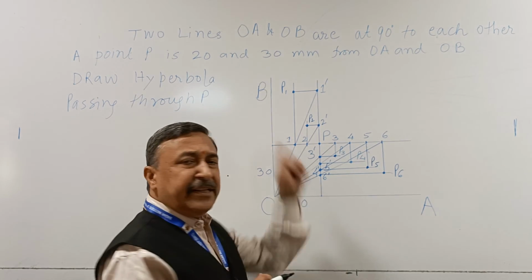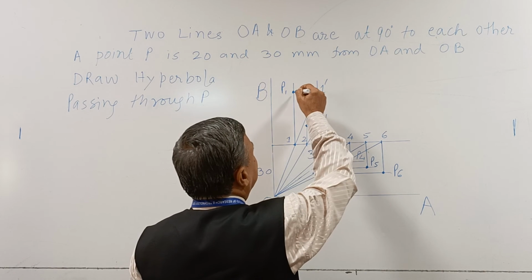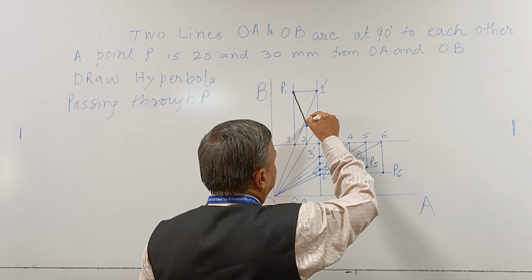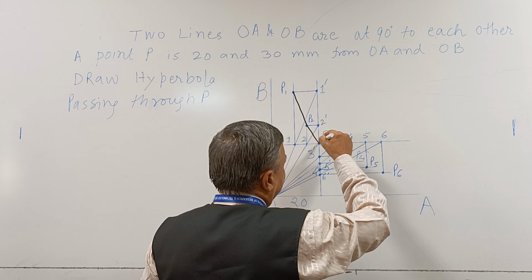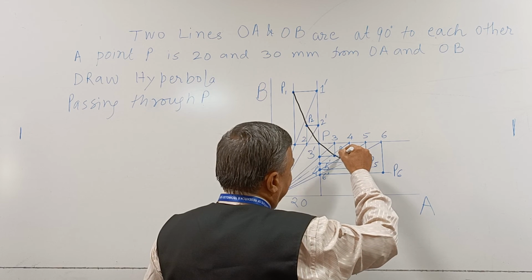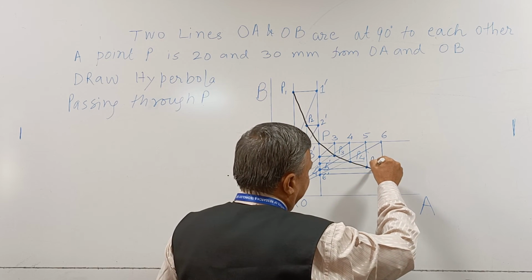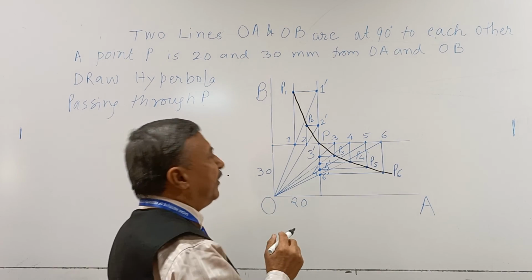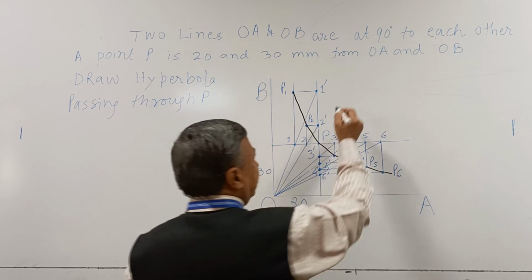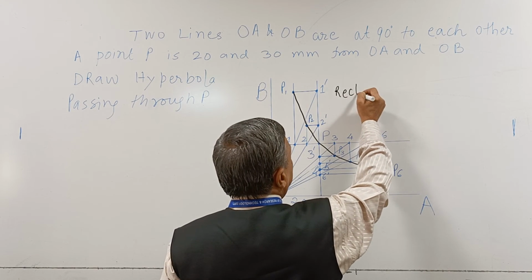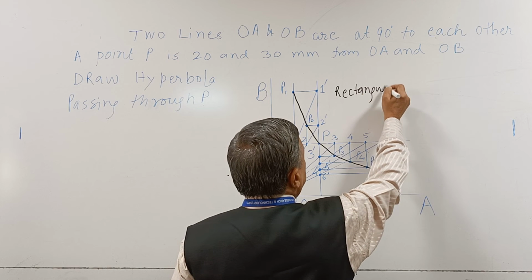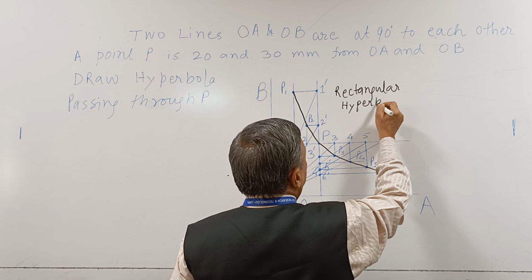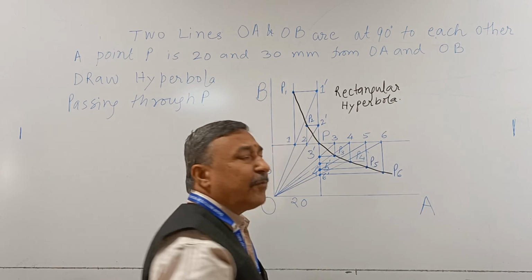Join these points with a free and smooth curve. This is called a rectangular hyperbola.